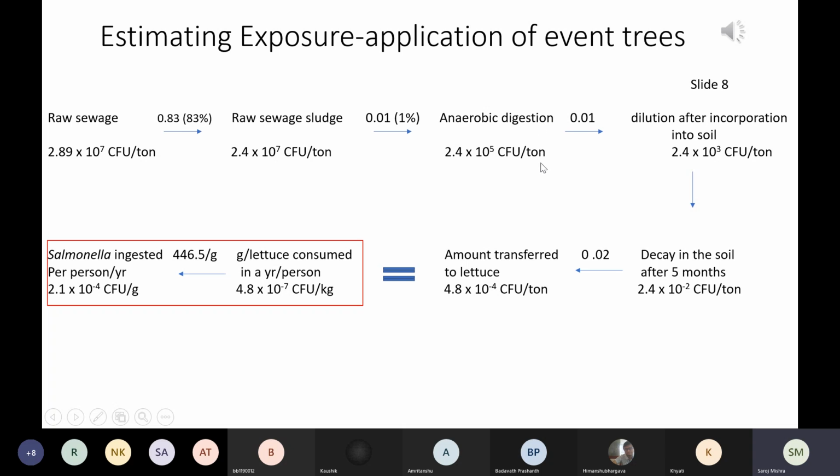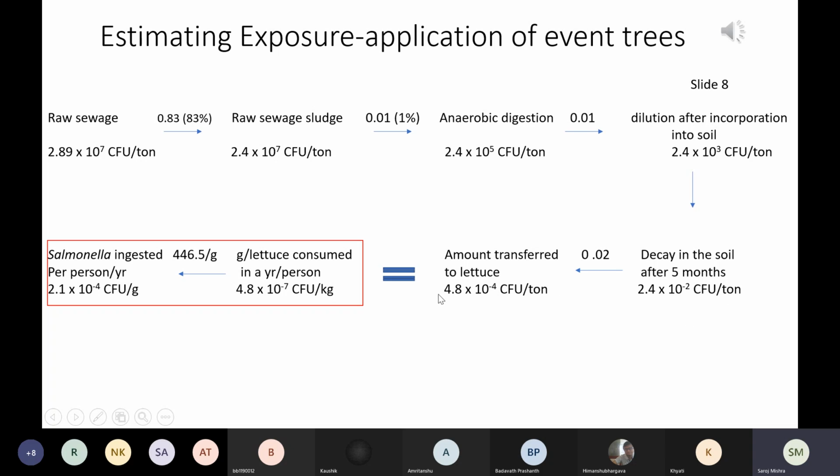Let's say this is taken and applied in the field. It goes directly to the field, so there is some kind of dilution. After incorporation into the soil, it's about 10 to the 4 dilution. So per ton of soil, we have 2.4 times 10 to the 3 colony forming units. In the soil, it undergoes some decay, and then you have only so much left after 5 months. Now if lettuce is grown in this soil, so much is taken up.